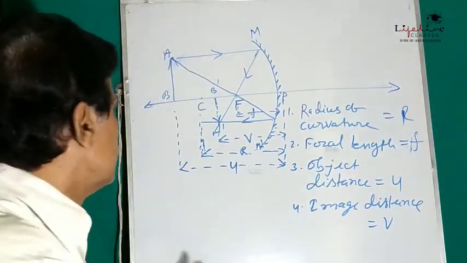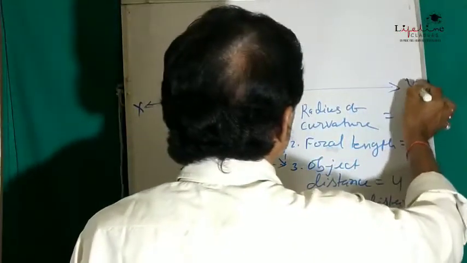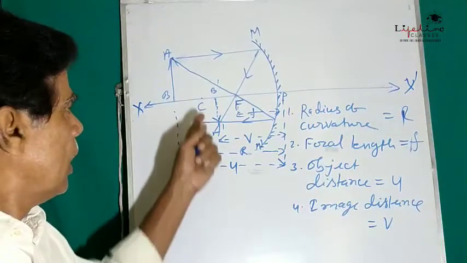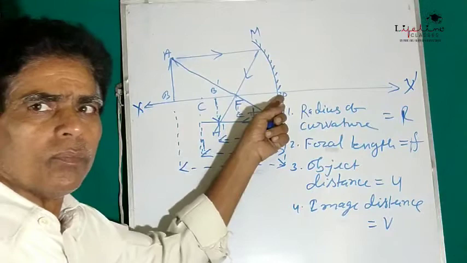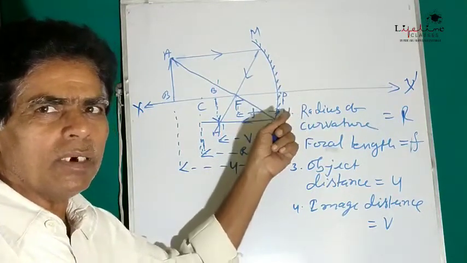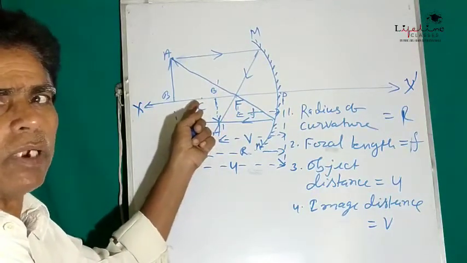So here in this case XX dash is the principal axis, P is the pole of the spherical mirror, means concave mirror here, and C is the center of curvature.